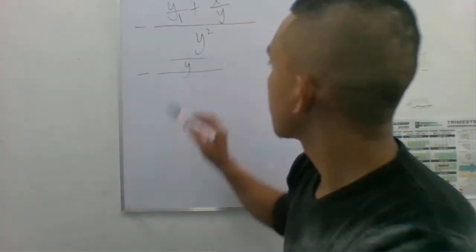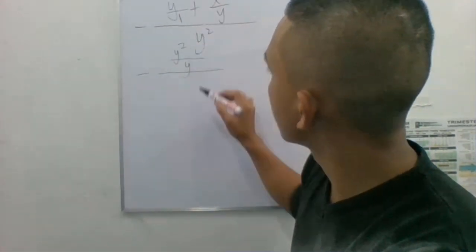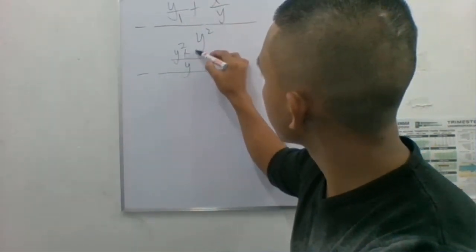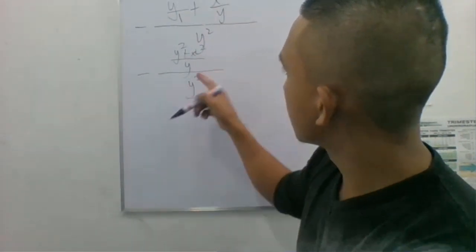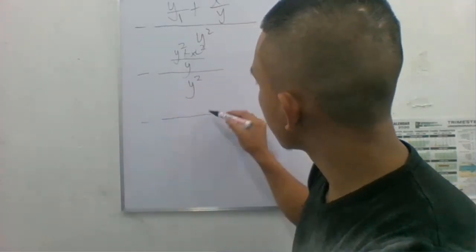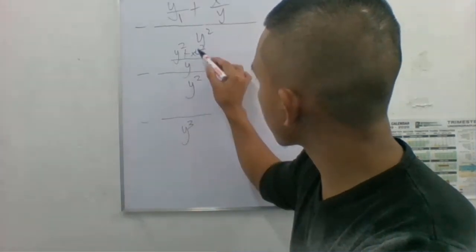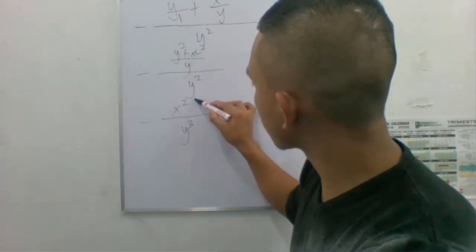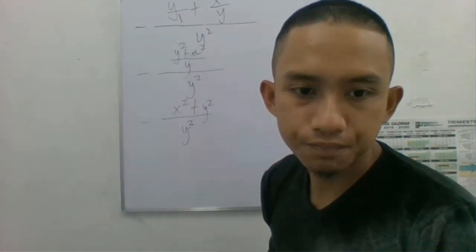It is y. y divided by 1 is y, times y will be y squared. Of course, nothing happens there. x squared over y squared. This is the main bar, so that will go down. y times y squared will make it y cubed. Then you can interchange that because x goes first before y. So x squared plus y squared.